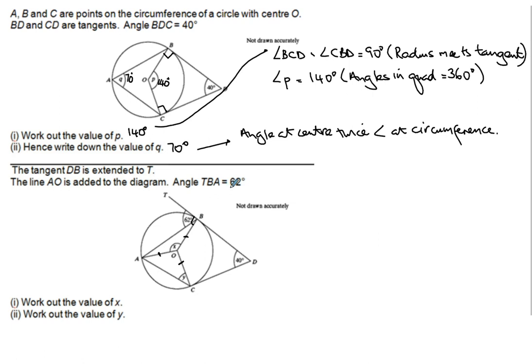Angle TBA is 62, so we can see that that angle there will be equal to 28. So 90 minus the 62. So you can tell that angle there will also be 28. Not much space to write.